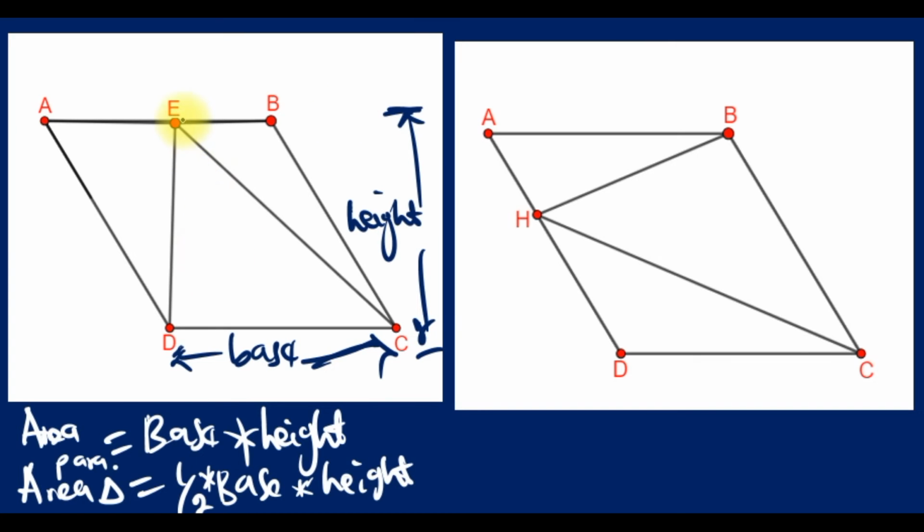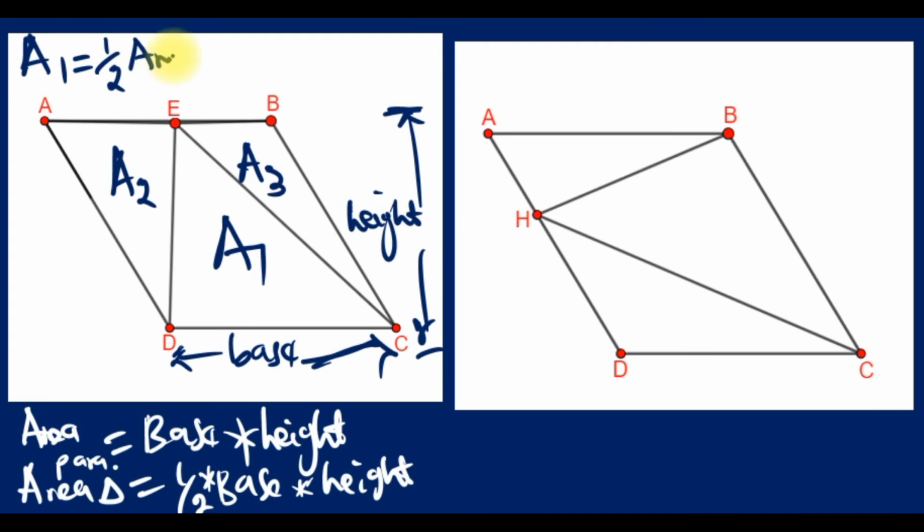So if we call the area of triangle EDC A1, and the remaining areas A2 and A3, you can see that A1 is half of the area of the parallelogram ABCD. Yes, because they have the same base and the same height, so it's half of that.